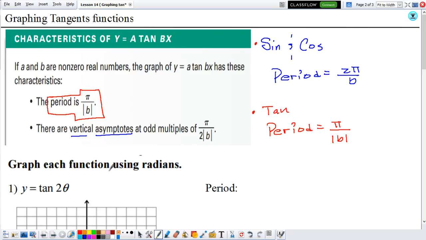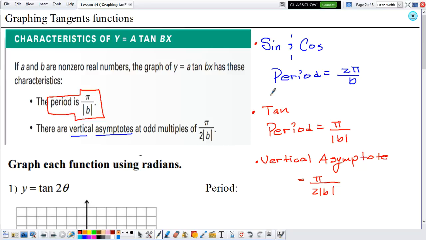We're going to find it as pi over 2 absolute value of b. And again, the vertical asymptote, you can think about it as some kind of a vertical border. And you will see what I mean by that.